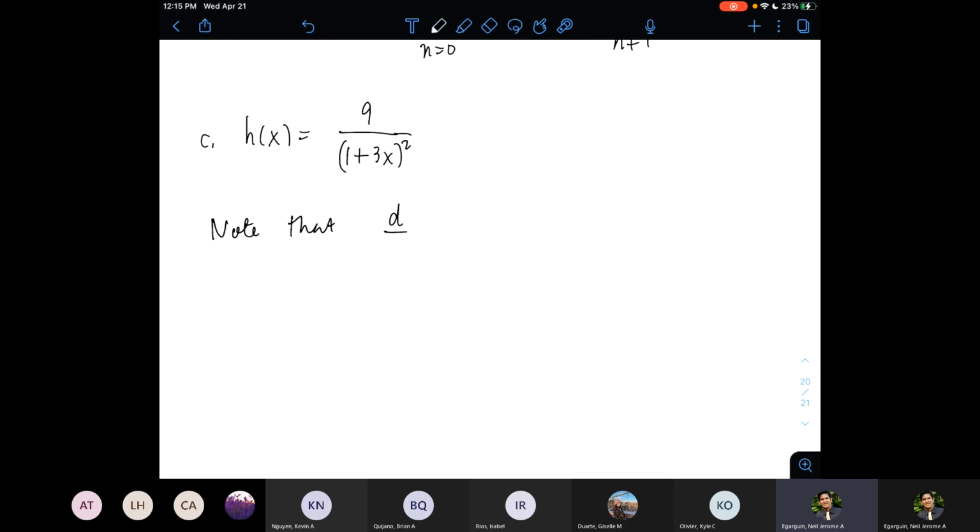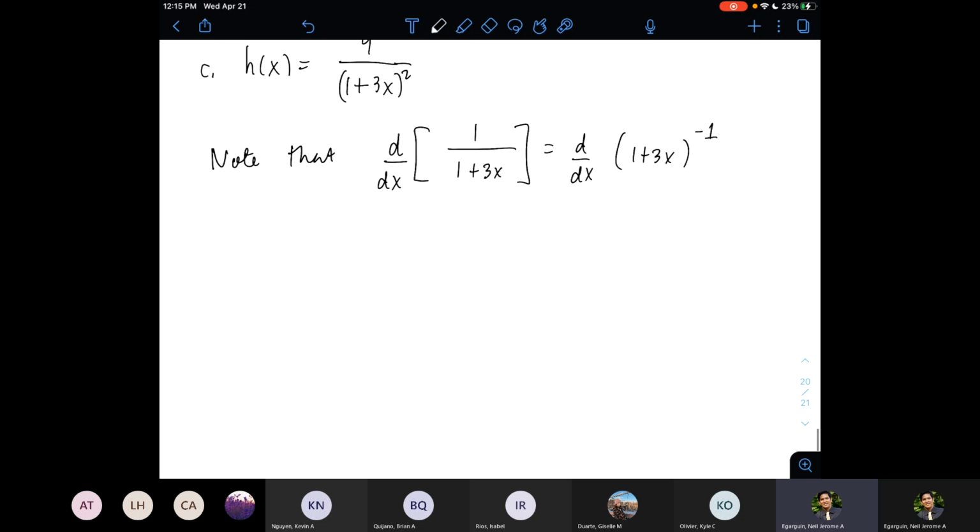So note that the derivative of the function f that we originally had is equal to what? This guy is the same as 1 plus 3x raised to the -1, all right? So this would be -1, 1 plus 3x to the -2 times 3, right?